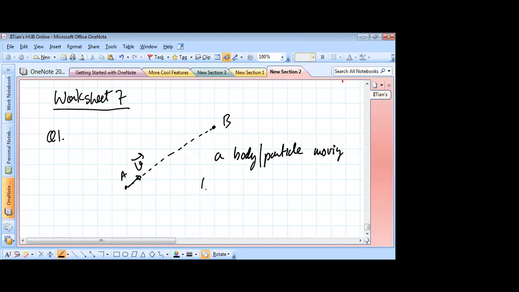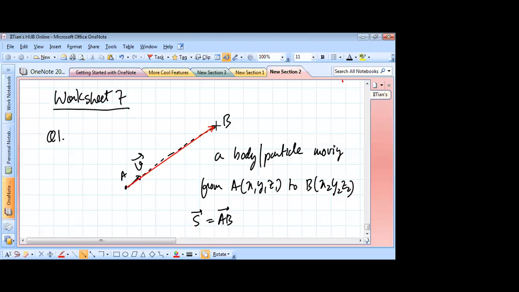moving from the point A, which has some coordinates given, let's say x1, y1, z1, to the point B, which has some coordinates x2, y2, z2. What happens is that displacement is nothing but the line joining A and B, this vector. So the displacement vector is this.